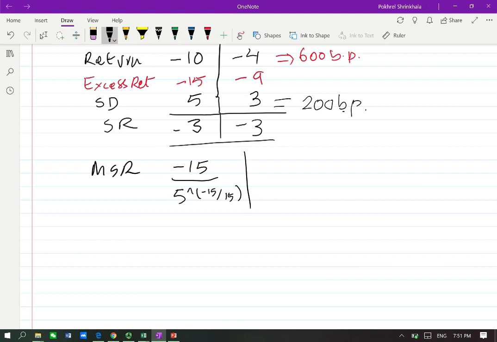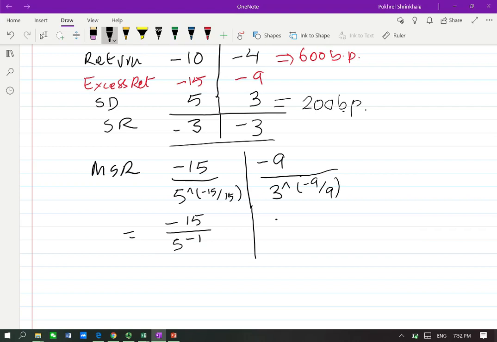And in the case of fund B, minus 9 divided by 3, which is the standard deviation. In the exponent, we've got again minus 9 divided by absolute, therefore 9. So if you see here, it is going to give you minus 15 over 5 minus 1. 15 cancels out, minus 1.